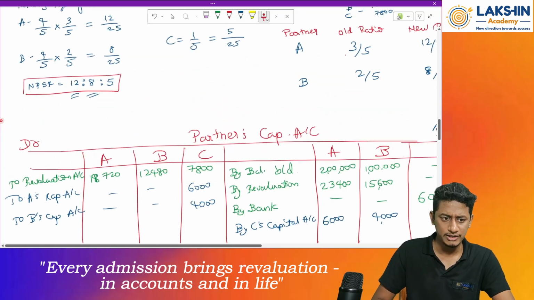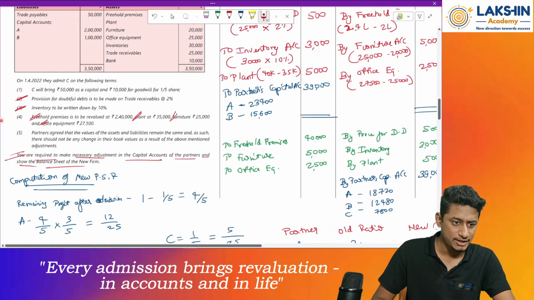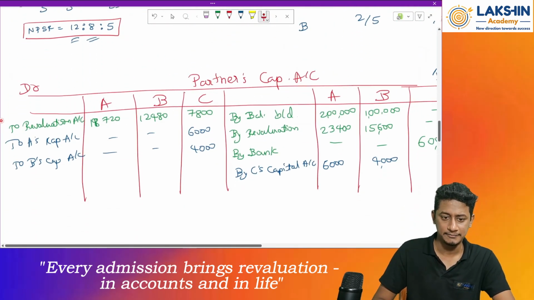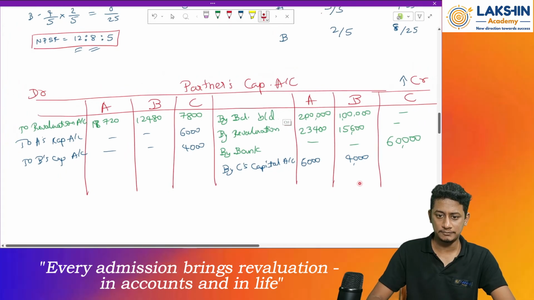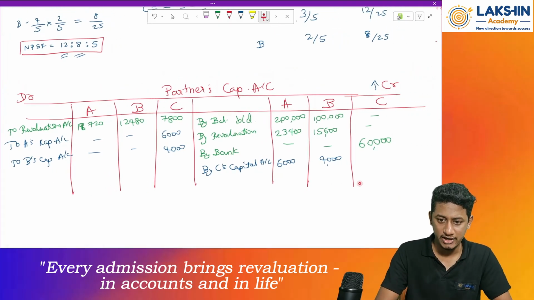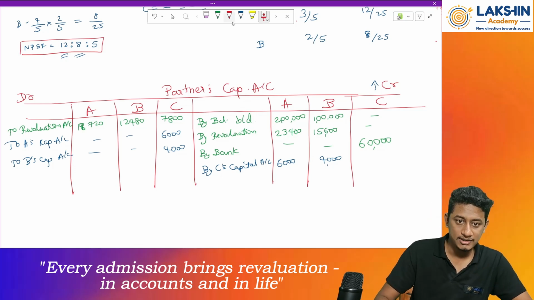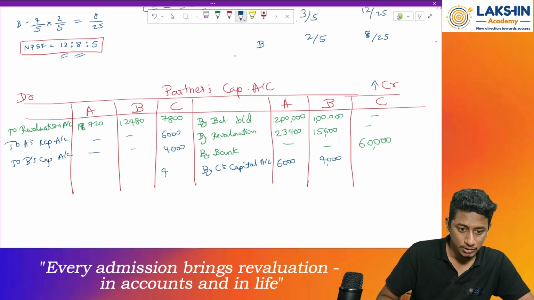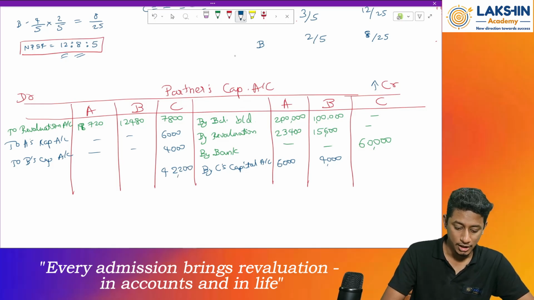Now what else is remaining? Anything else remaining to be adjusted? Nothing, I guess. Okay, balance the accounts now. First of all, I will do C's account. So 60,000 minus 7,800 minus 10,000. The balance is 42,200. Then 2 lakh, that is A's, plus 23,400 plus 6,000 minus 18,720.